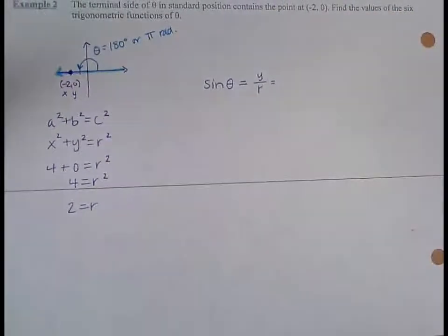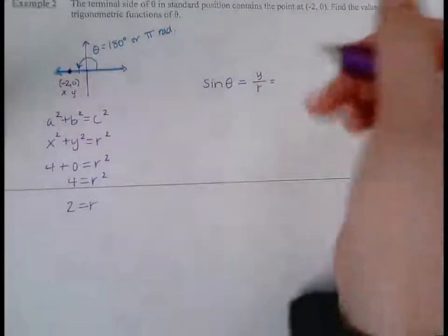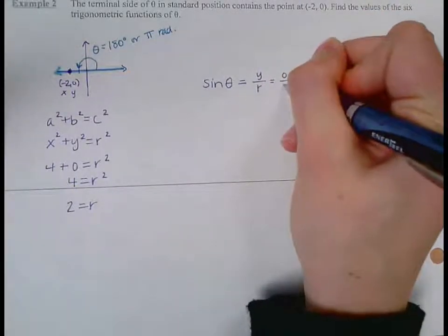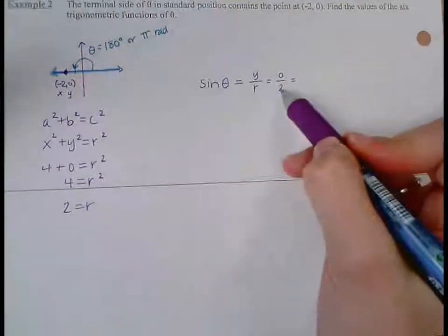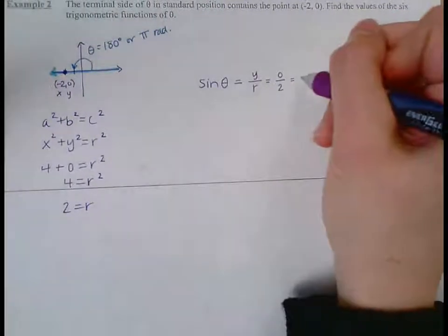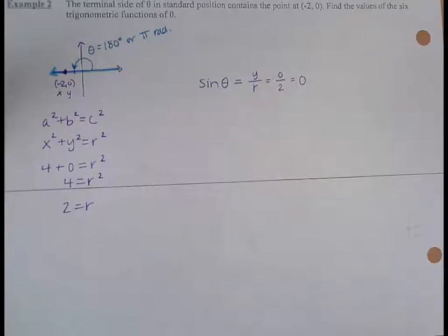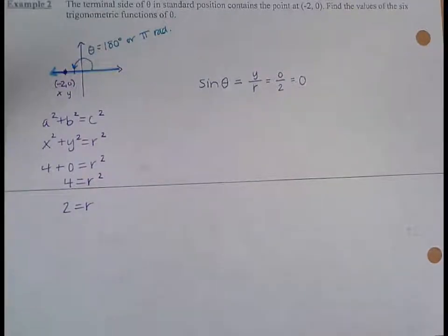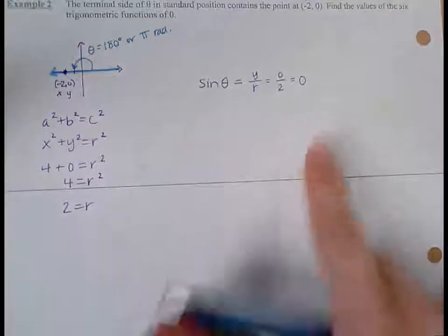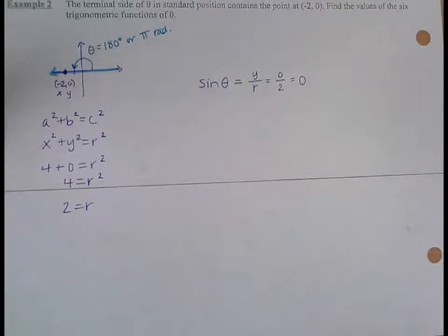So this is an example where we need these. Our y coordinate is 0, r is 2, and 0 divided by anything, as long as your denominator is not also 0, is just 0. I want you to make this connection. That means if your angle is 180 degrees, sine of 180 degrees is 0. That's what this is telling us. If you typed sine of 180 into your calculator, you would get 0.